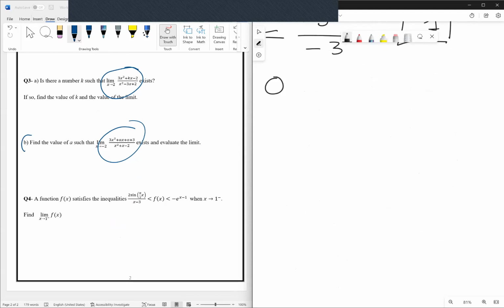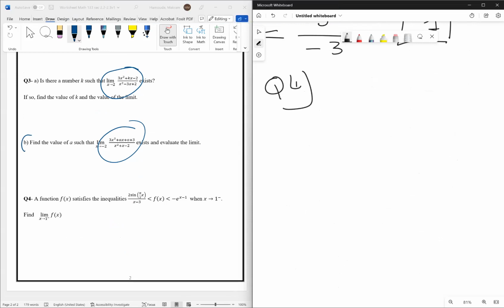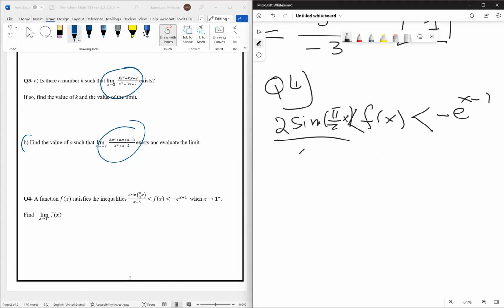Okay, so question 4 is asking for the limit when we have this double inequality, and when we have a double inequality in general, it looks like the squeeze theorem. So we have f of x between two functions: minus exponential (x minus 1) and 2 sine (pi over 2x) over (x minus 3).